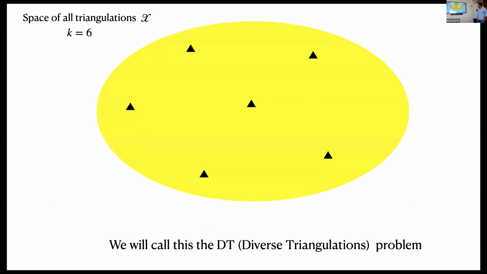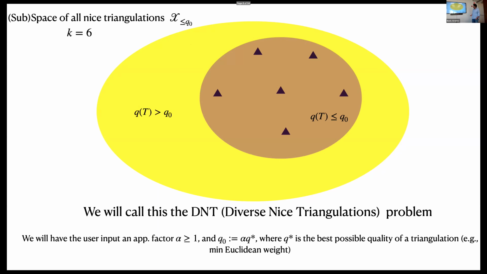If you were to just look at a picture, that's the space of all triangulations. In the first problem, the diverse triangulation problem, if k is 6, then I'm looking for 6 triangulations that are as far apart as possible in the space of all triangulations. This will be called the DT, diverse triangulations problem. And then the stronger one is where I specify a subset of nice triangulations.